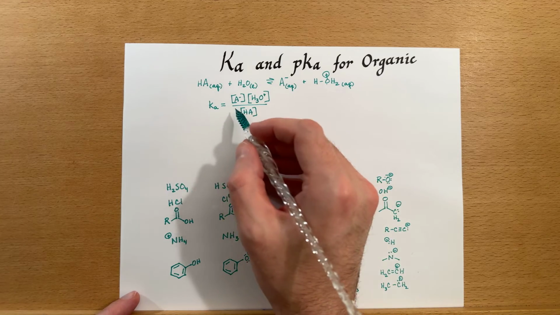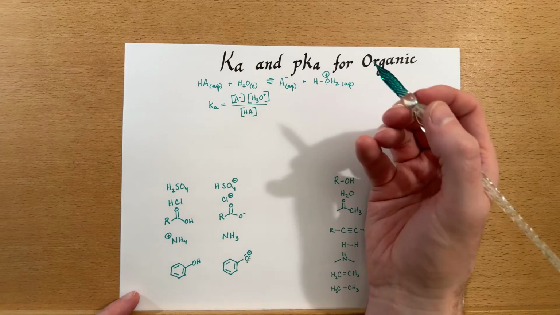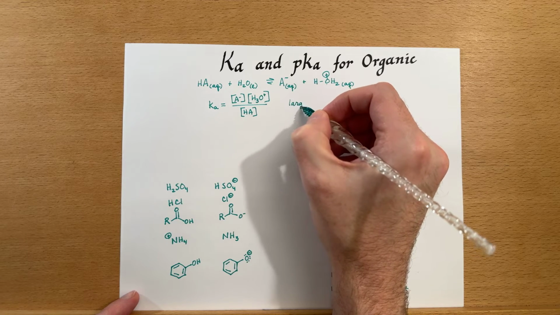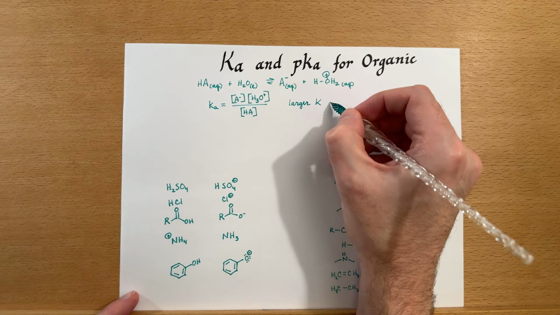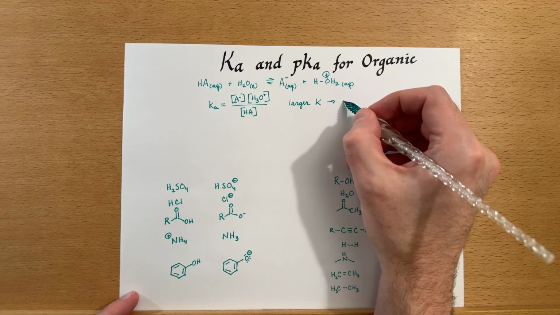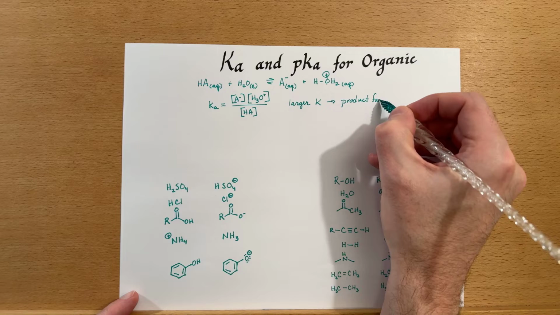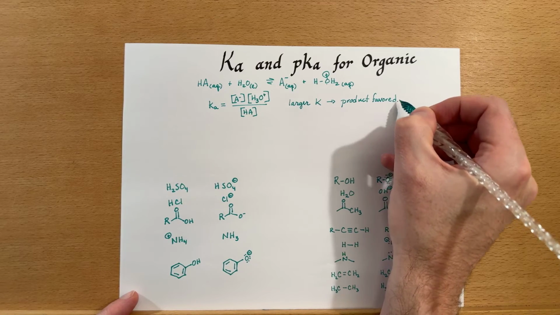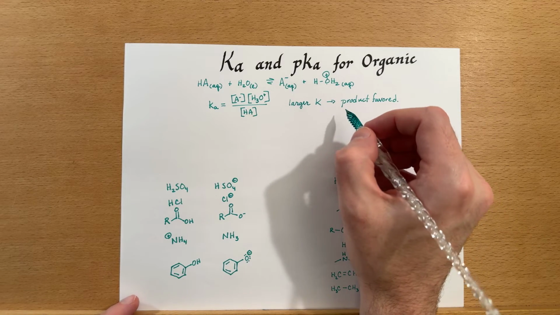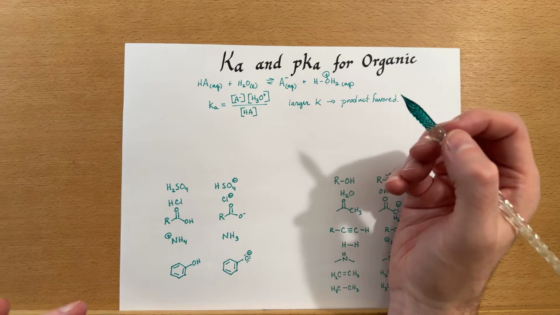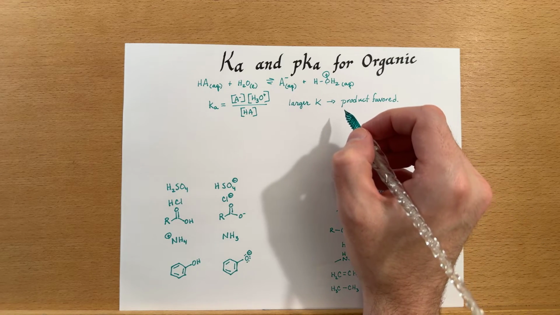So a larger K means that it's more product favored. So if we have a K that's significantly bigger than 1, then the reaction's product favored.